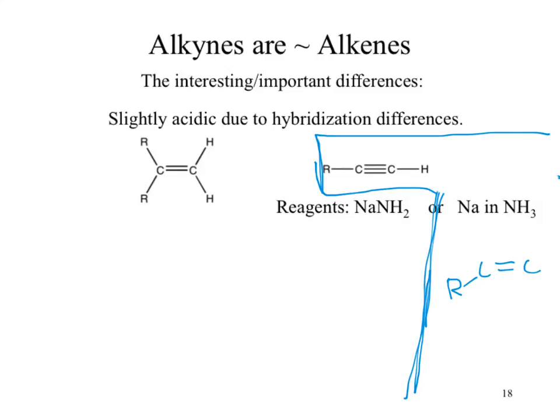So it'll stop at the alkene and not propagate all the way to the alkane. It's kind of a nice reagent in that respect. If we have our alkyne, we can turn it into our alkene relatively easily, without having to go all the way down to the alkane.